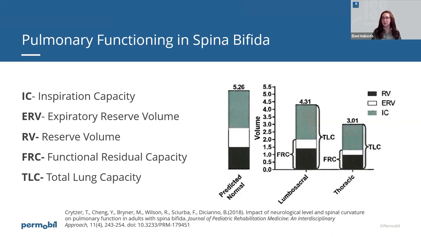The higher the level of the lesion, the lower their level of pulmonary functioning was, because they have less total musculature that's innervated required for breathing. And with lower level lesions, even towards the sacral region, lumbosacral regions, they too had a significantly lower level of pulmonary functioning as compared with the predicted normal levels that we see on the left side.